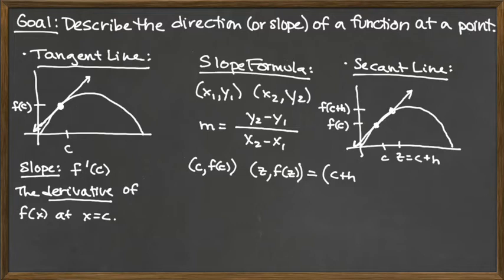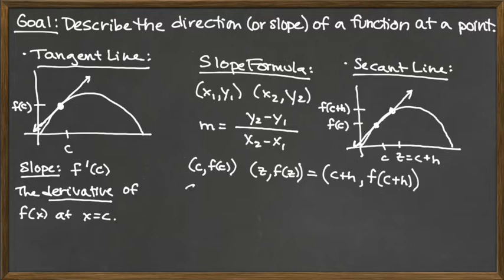That's what we were calling z, and then the output value would just be what we get if we plug c plus h into our function. Okay, so those are our two points.